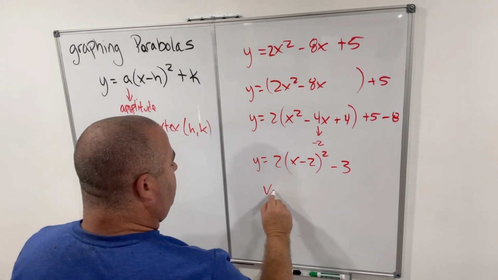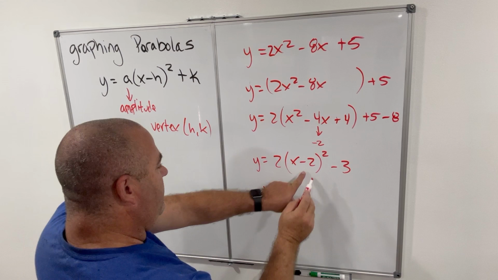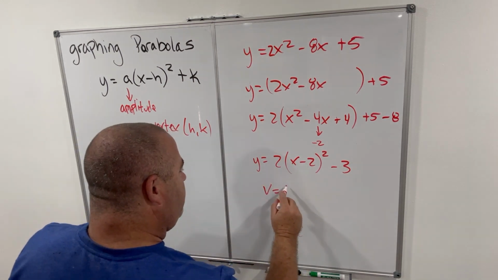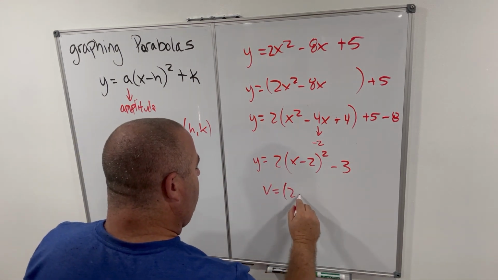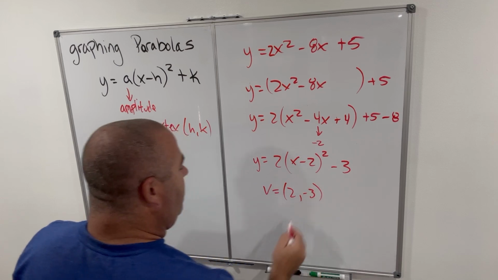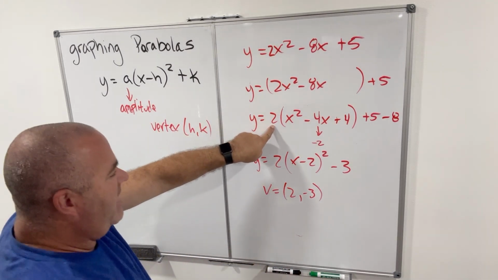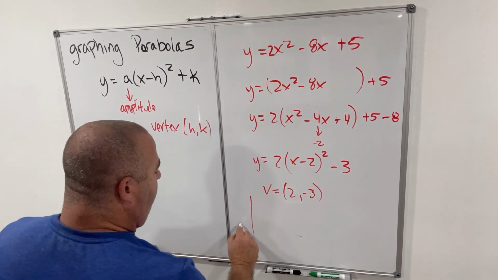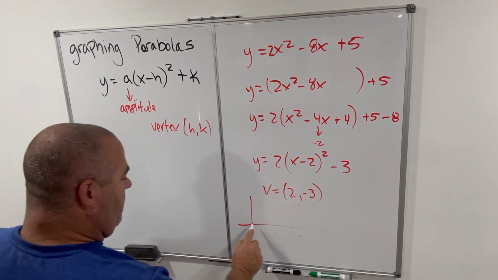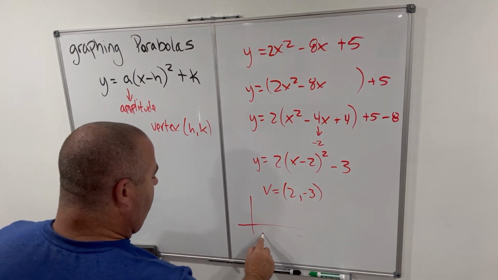So our vertex is going to be at the point. Remember, we're changing the sign here, so our x is 2, our y is -3. But this time we're going up a little bit faster because our A is 2. So if we were to graph this, we'd go to the point 2, -3, say it's right here.